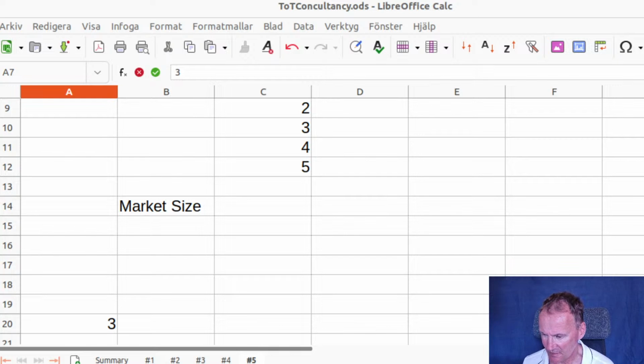The market size. This market is expected to reach $31 billion by 2025, a growth of 17%. I wonder where those figures come from.